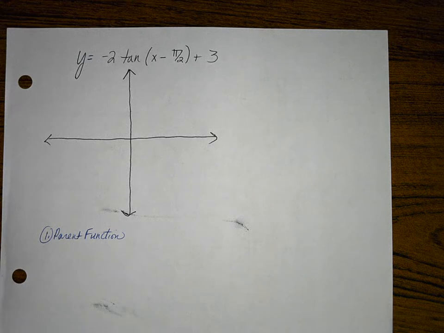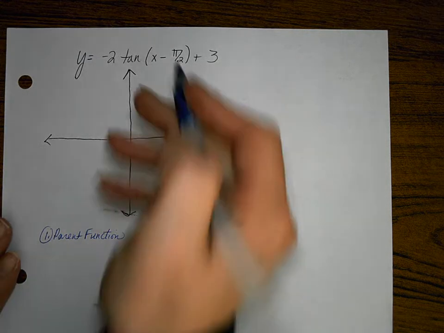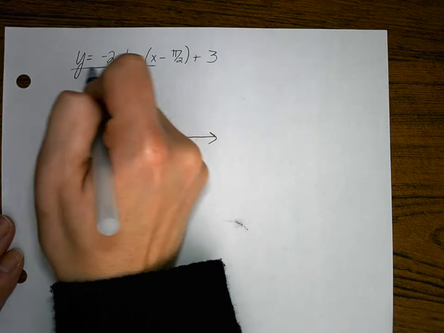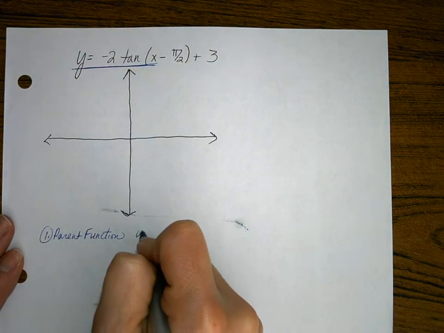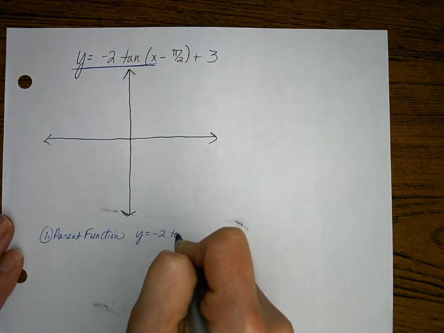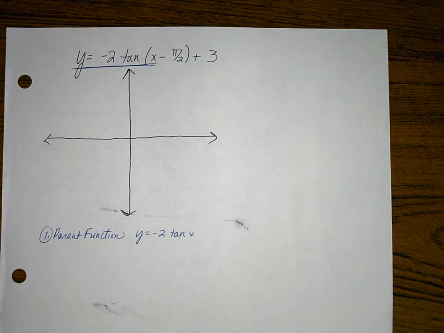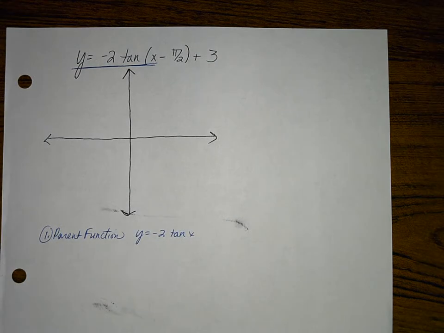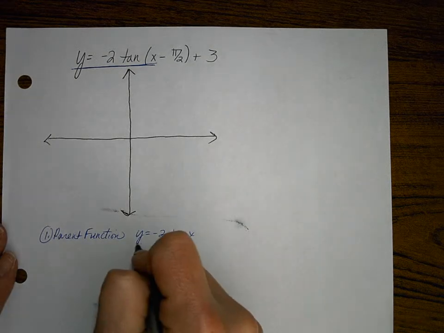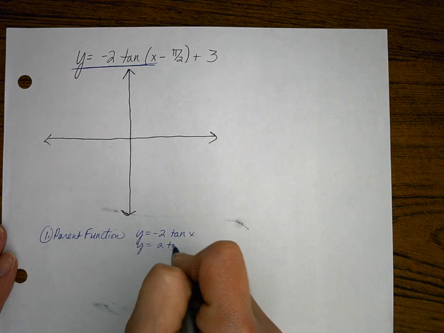You don't even really have to worry about that negative. I know yesterday we talked about not thinking about that negative until the reflection, but you can take it right along. Y is equal to negative 2 tangent of x. Now, remember that that's like y is equal to a tangent of bx.